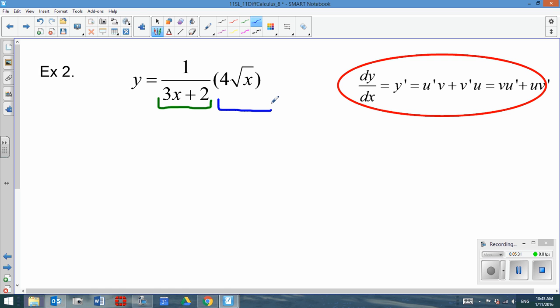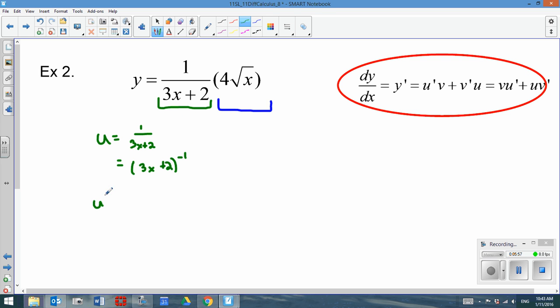So again, we notice that we have a product, therefore we can use the product rule. So the first step is, of course, identifying which rule we need to use here. Let's identify your u as 1 over 3x plus 2. Now I know that I'm going to have to rewrite this in order for me to take the derivative. So automatically, I should rewrite my u as 3x plus 2 raised to the negative first power.